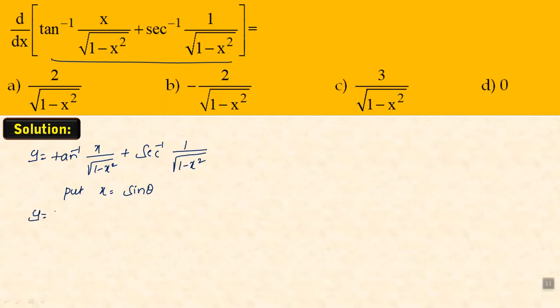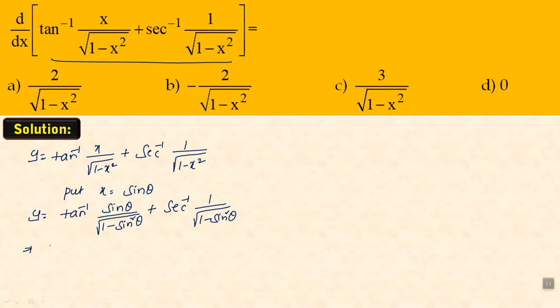We get y is equals to tan inverse of sine theta divided by root of 1 minus x square, that is sine square theta, plus secant inverse of 1 by root of 1 minus x square, that is sine square theta.